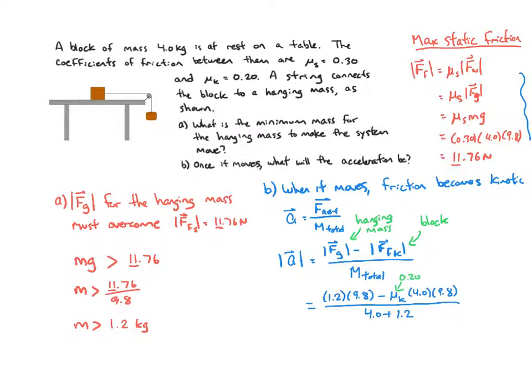So I'm going to throw all that into the calculator now. Actually, you know what? I'm going to show you this with one extra step. So 1.2 times 9.8 gives me 11.76.